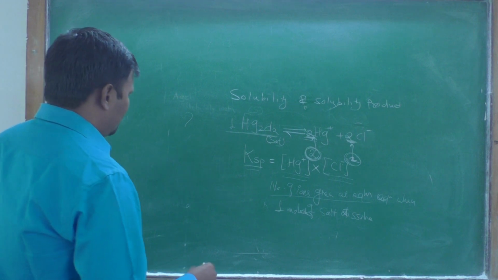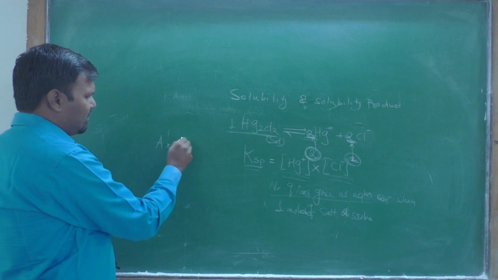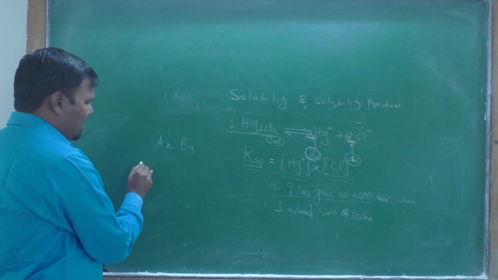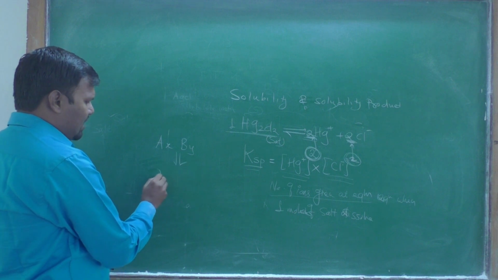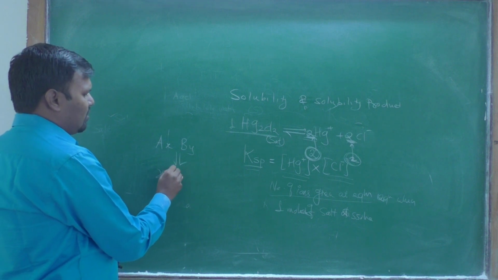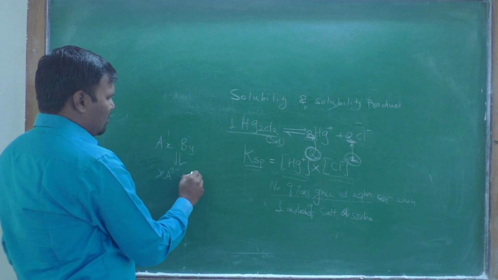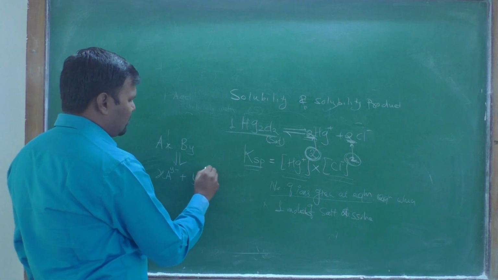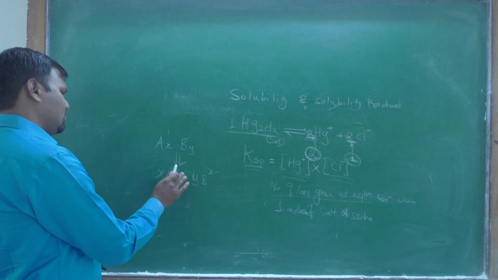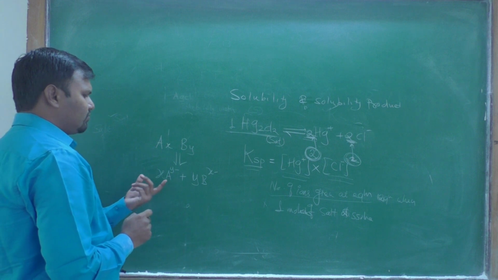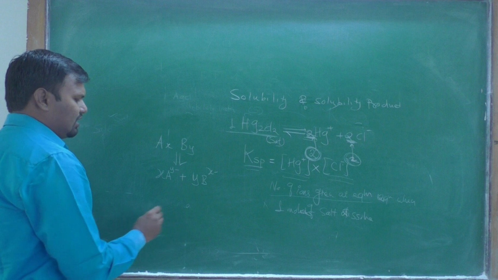Therefore, if we take a general example, AxBy, it dissociates and gives xA raised to the charge y+ and yB raised to the charge x-. This is how it dissociates, or gives the ions.